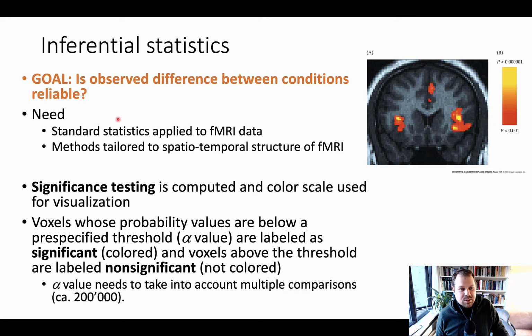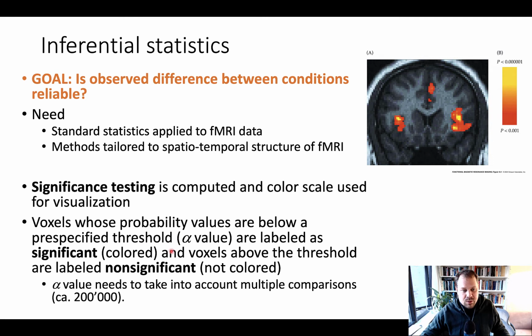And for this, we just need standard statistics that are applied to fMRI data, and they're applied on a voxel by voxel basis here. This is obviously not ideal, but we can correct for the multiple comparisons that we're conducting. So the significance testing is computed on a voxel by voxel level, and a color scale is used for each voxel to visualize whether this voxel surpassed some statistical threshold.